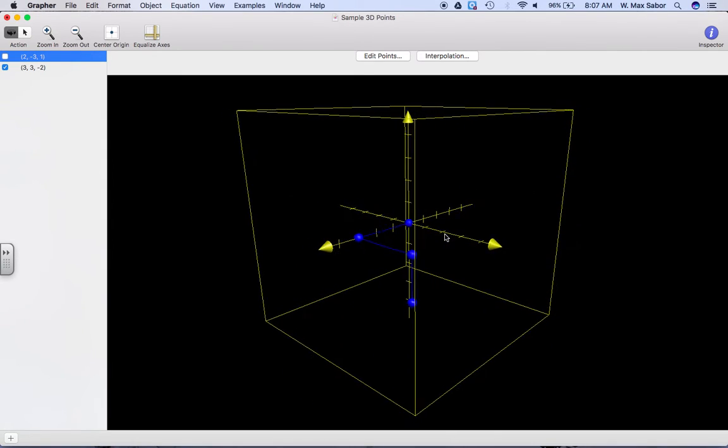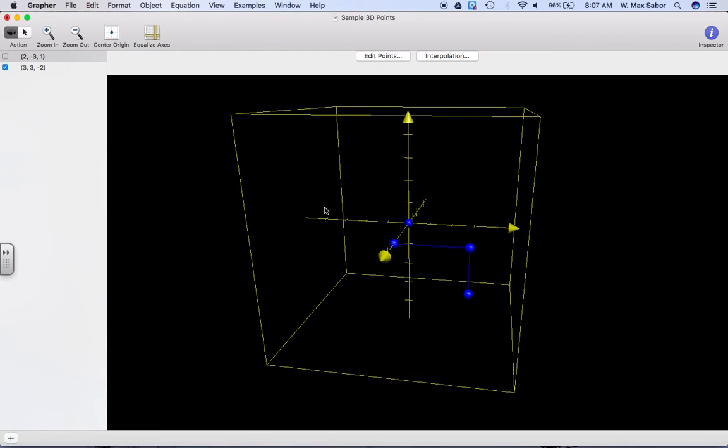What we try to do in order to graph it by hand is we'll draw, starting in the x direction, 3. Then we'll go parallel to the y-axis, 3. And then we'll go parallel to the z-axis, negative 2.